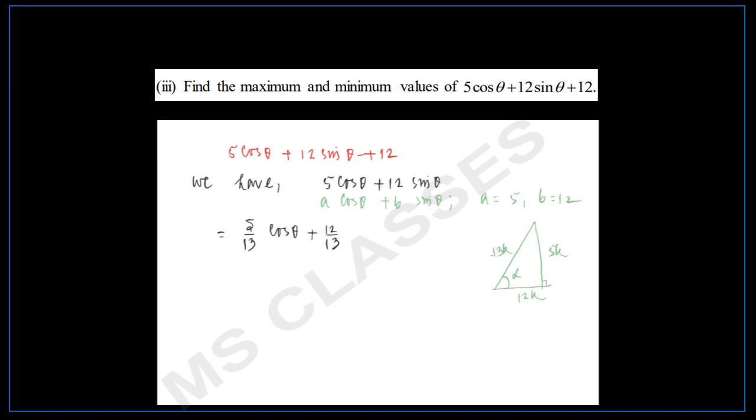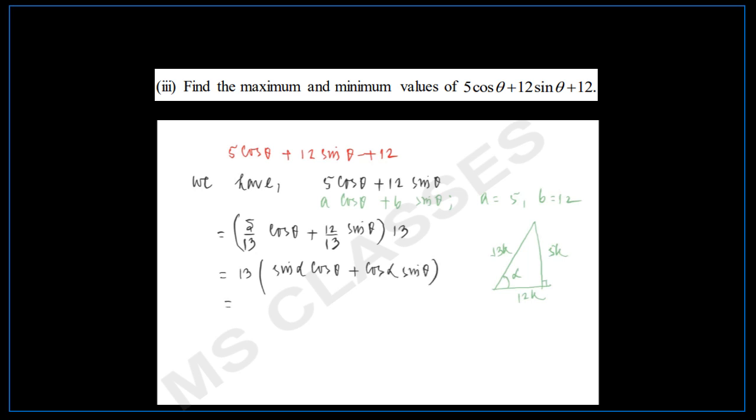So 13 into 12 by 13 sine theta, and 5 by 13 is sine alpha. So you can write here sine alpha cos theta plus cos alpha sine theta.